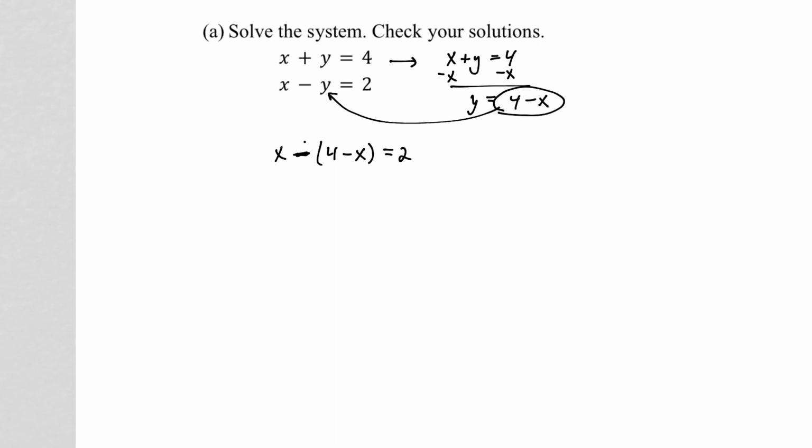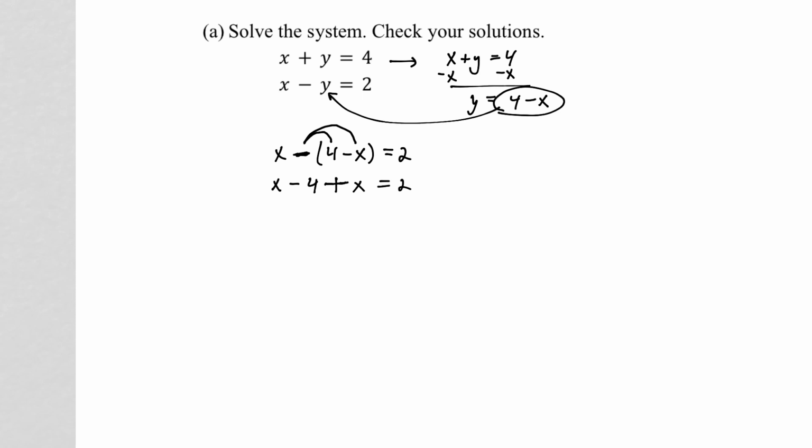Or another way of thinking about that is x minus 4 minus negative x. And notice I like to think of this as distributing that negative sign. So this would be rewritten as x minus 4, x minus negative x equals 2. And remember, anytime we have two negative signs, that's just going to be thought of as a positive.